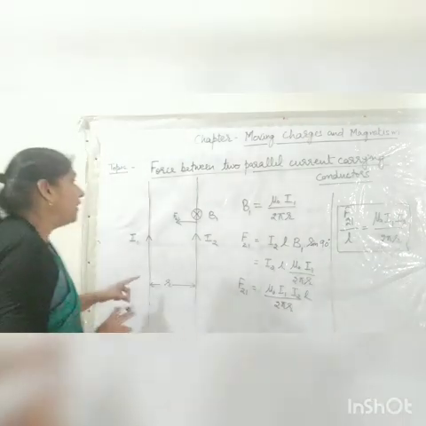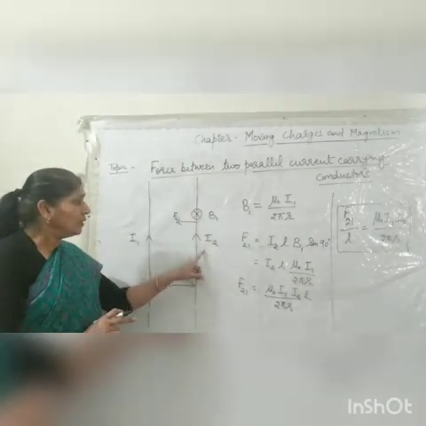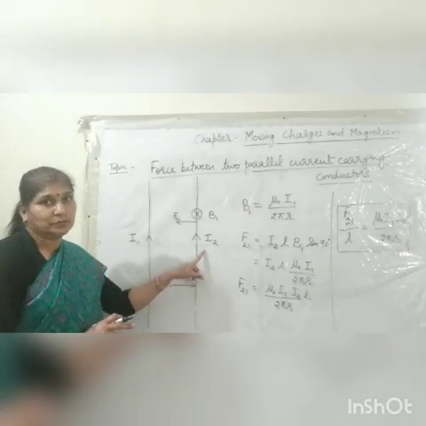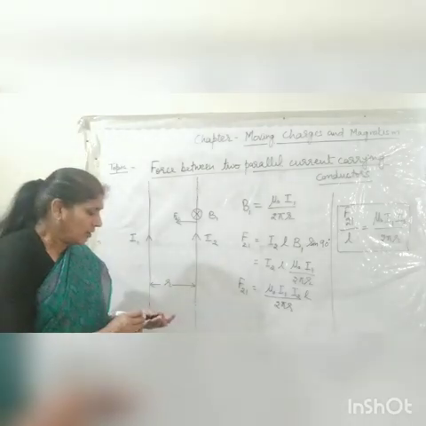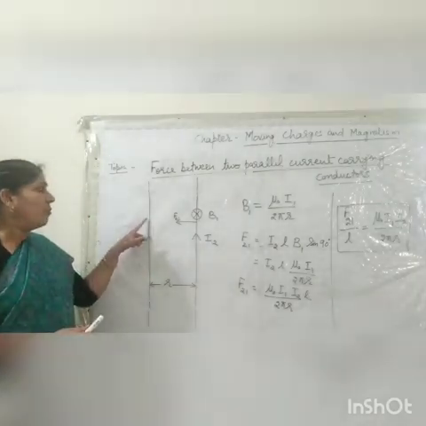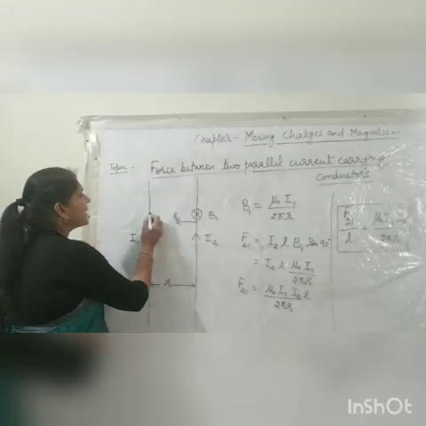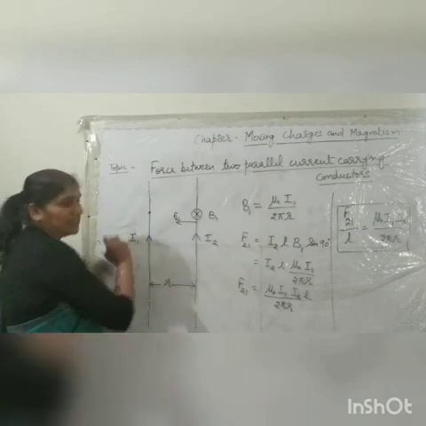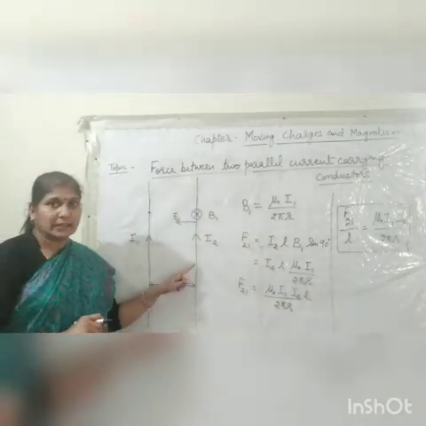Similarly, we can find the force on conductor 1 due to current in conductor 2. For that, what should be done? Firstly, we take a point in the position of the first conductor, and the current is in the second conductor.